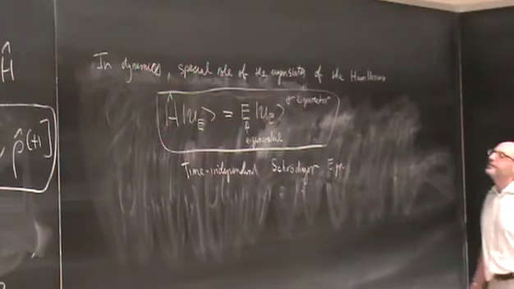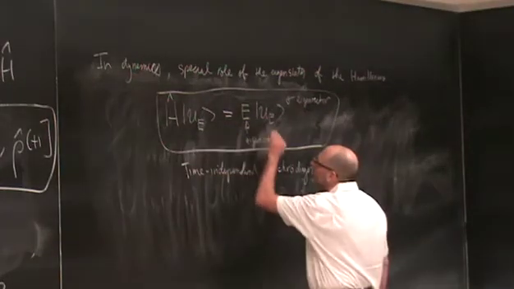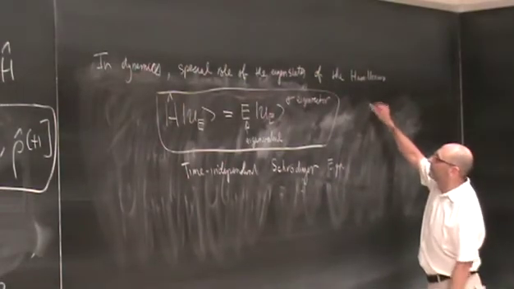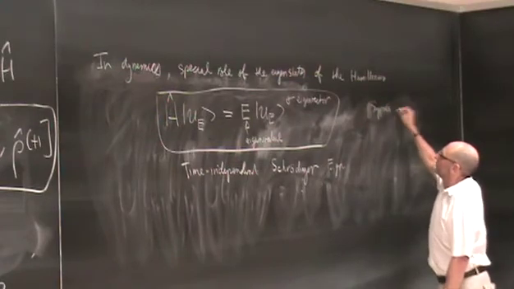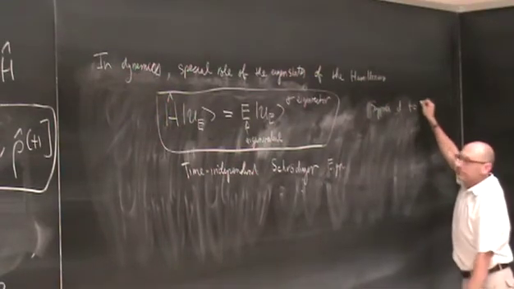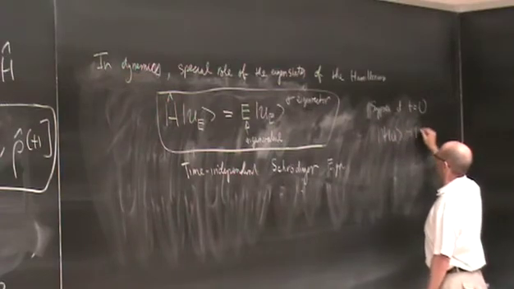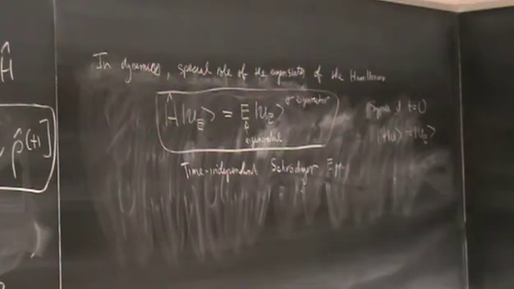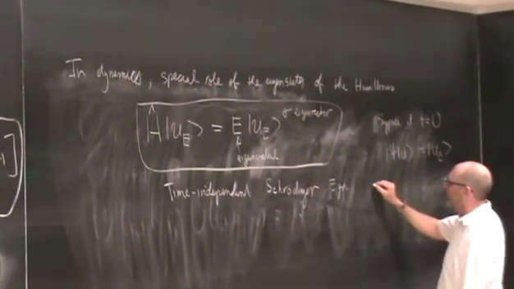First of all, let's say one thing that's special about the energy eigenstates. Suppose at time t equals 0, the state of the system is one of the energy eigenstates. Let's suppose that's true. What is the state of the system at a later time?